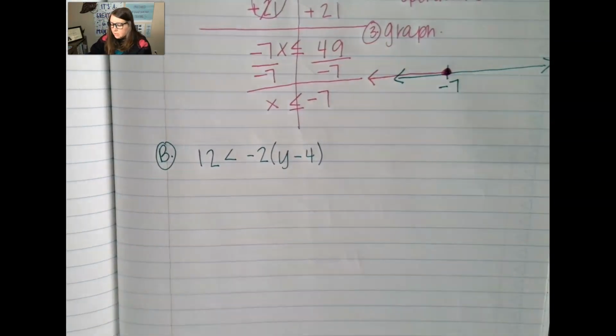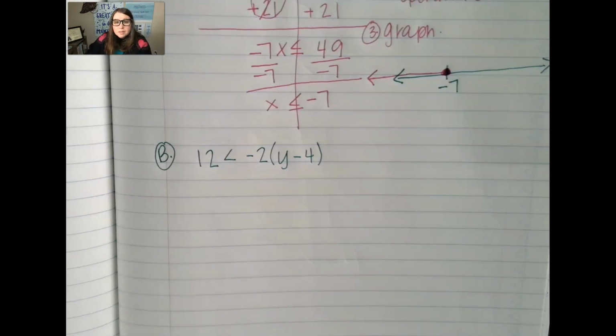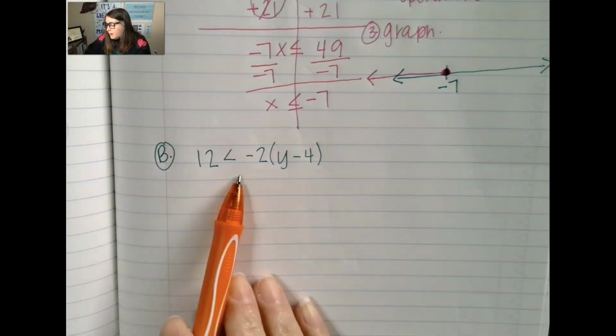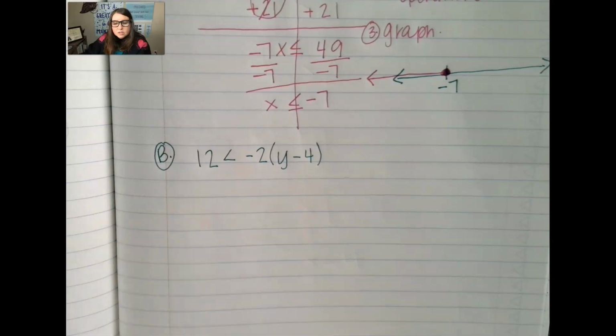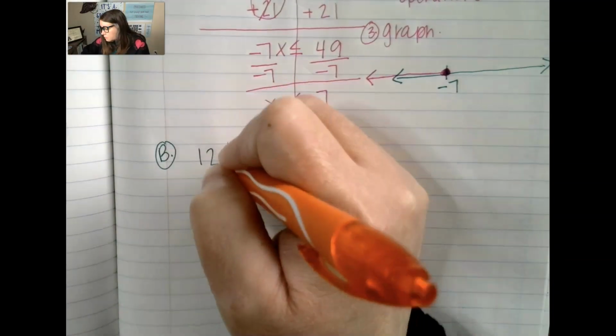On this problem, we're going to distribute first, just like we did in problem A. But at the end, we're going to have to make sure that our letters are on the left. So we have one more step to do on this problem.